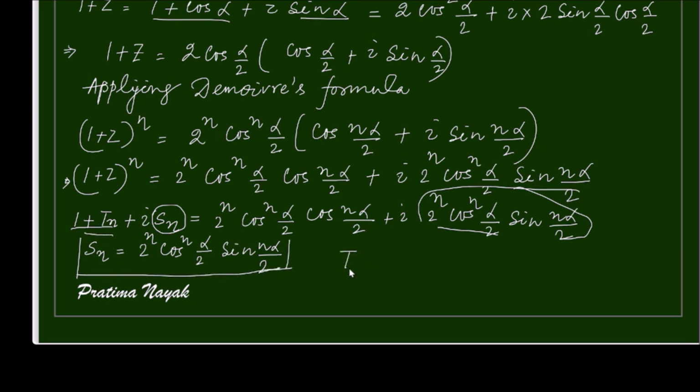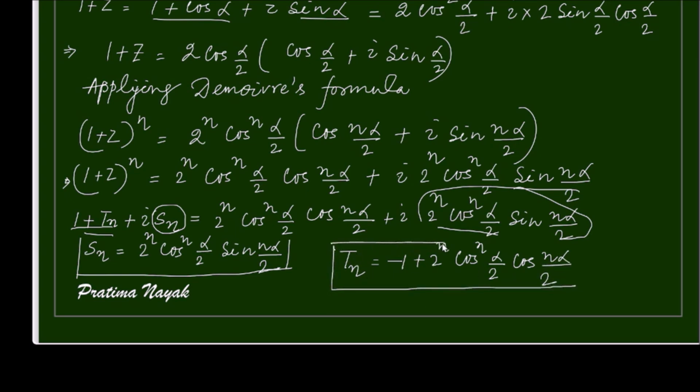And 1 plus Tn is the first one, so 1 will be shifted to the right side. Tn will be negative 1 plus 2 power n cos power n alpha by 2 into cos n alpha by 2. So this is your first series and this is second series.